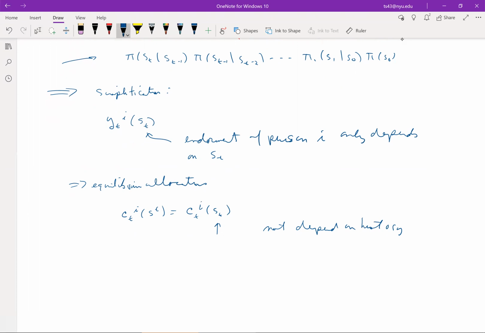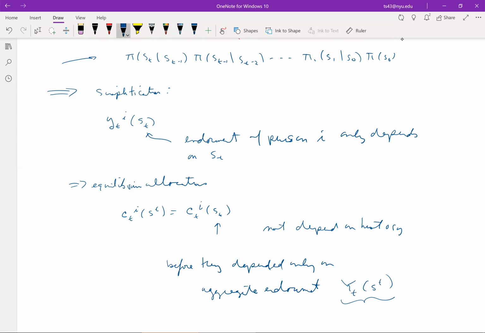They depended only on the aggregate endowment, which could depend on the history, so they depended on the history only to the extent that it influenced the aggregate endowment.